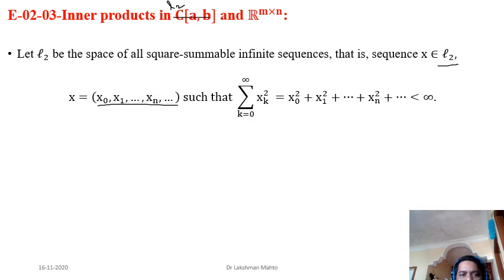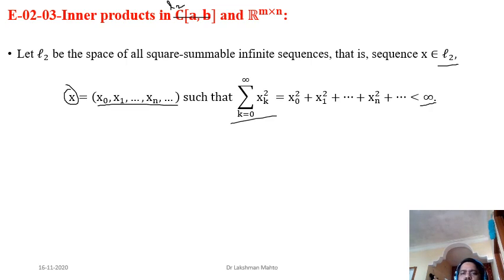So you can say that x is a sequence. What is the meaning of a sequence? A sequence always has infinite entries, and then we talk about convergence of sequences. So L2 is a collection of all sequences such that if you take the square of every term and define a series, the series is convergent, less than infinity.